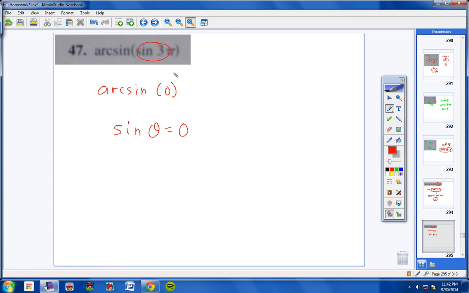Let me explain to you why. Remember, whenever you're trying to find the angle for an arc sine, your theta has to be in between negative 90 and 90, or negative pi over 2, which is the same thing as 90, and positive pi over 2.